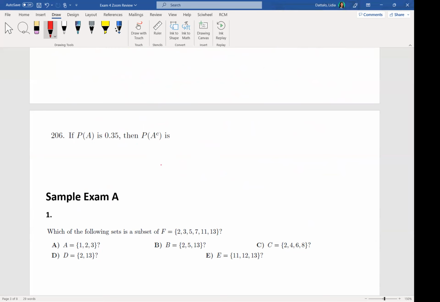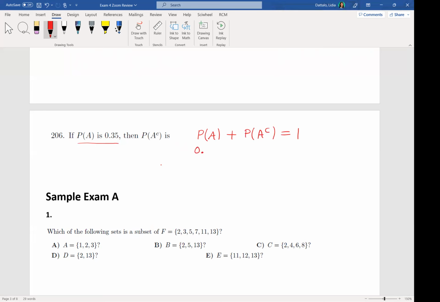Here you're given P of A is 0.35. So the probability of event A is 0.35. We're being asked to find the probability of A complement. What we want to know is a basic fact that the probability of an event plus its complement has to equal 1.